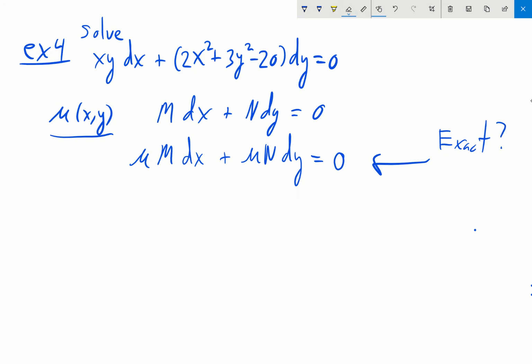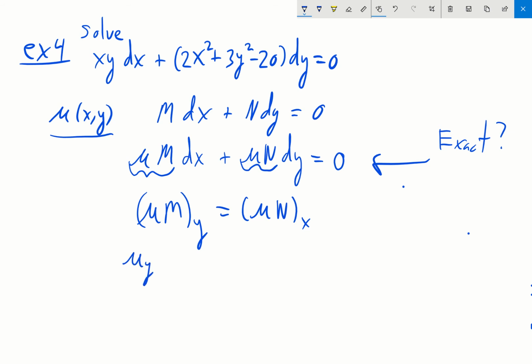Well, it'll precisely be exact if the coefficient function of dx, in this case that's not just M anymore by itself, it's the product of mu and M, we would need the partial of that function with respect to y to be equal to the partial of the coefficient of dy with respect to x. And now that's going to be mu N with respect to x. We have a bunch of products, so we can use the product rule.